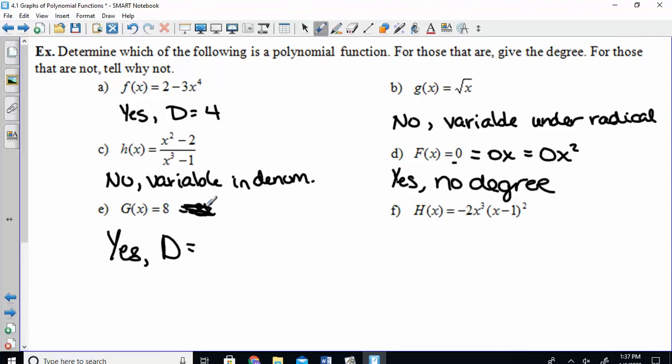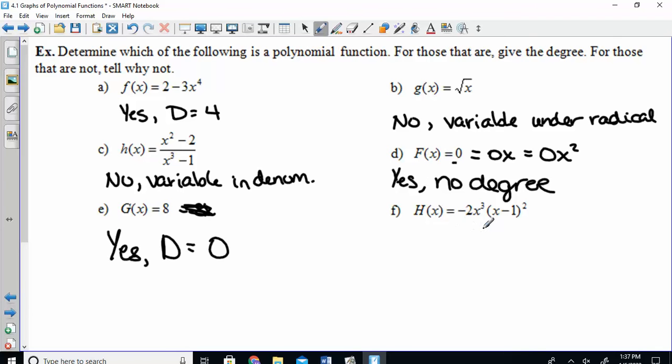No. So how many variables does this have in it? None. So this one has a degree of 0. So the only time you'll say no degree is if it's just something equal to 0. If it's any other number, 2, 3, 8, negative 6, there's no variables there, so it's a degree of 0.